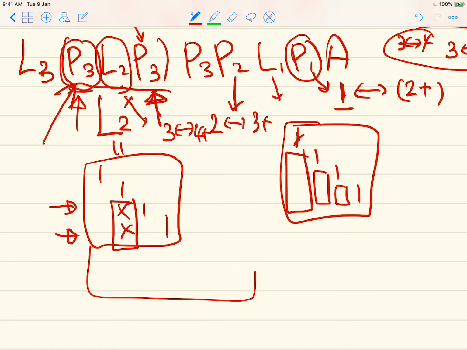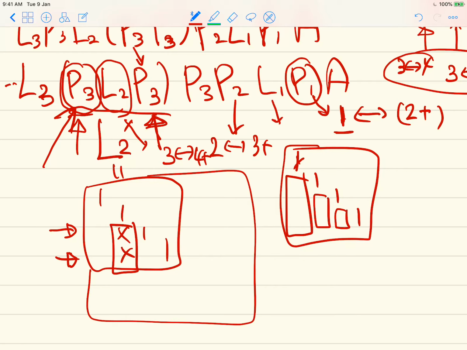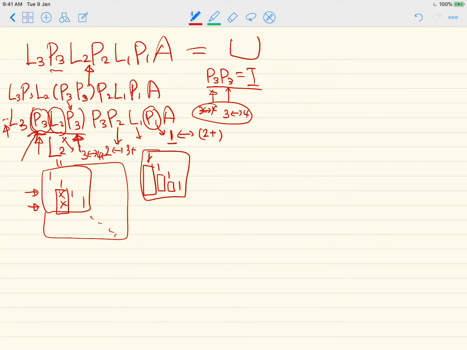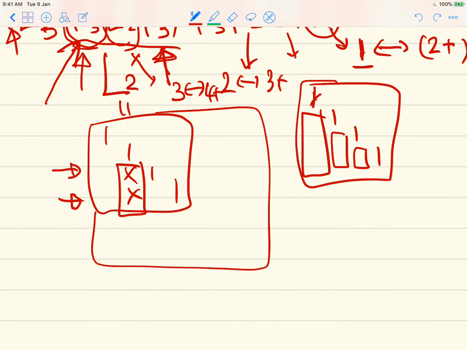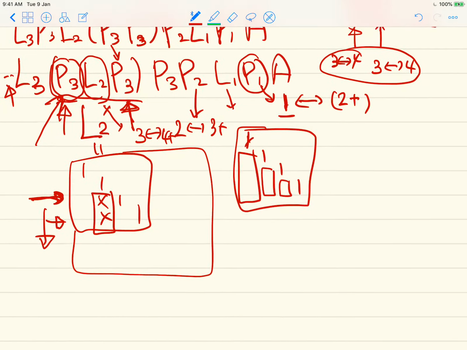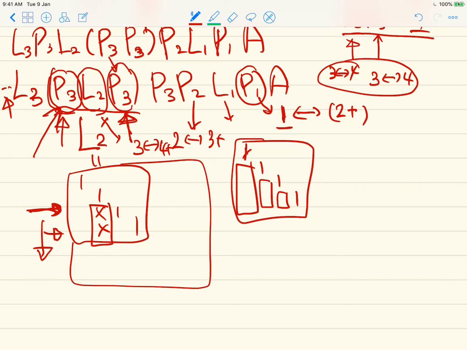So if we have more columns, and it goes further on the left by multiplying P4 and L4 and so on, then we may have more possibilities, but at least we know that it will change the third column in the case of this P3, and some of the other columns found on the lower part, right? And what about this P3?